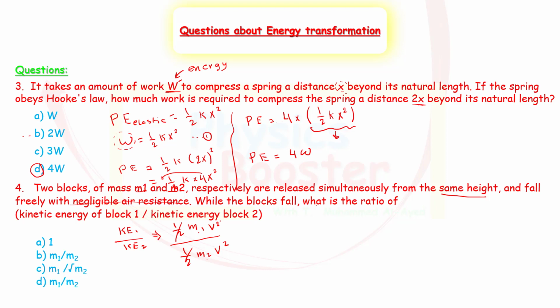Can we cancel this velocity with this velocity? The answer is yes. Why? Because they are equal. How did we know that? We know that two objects falling from the same height with negligible air resistance will have the same velocity. So the final answer will be m1 over m2, which is B.